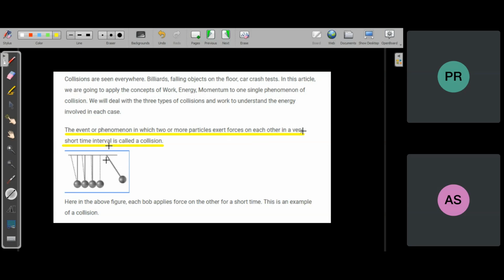For example, here you can see that when you pull this bob slightly and then leave it, it will start moving and then hit this other bob. And when it hits the other bob, a large amount of force, or some finite amount of force, will act for a short interval of time, because after that they will separate again.